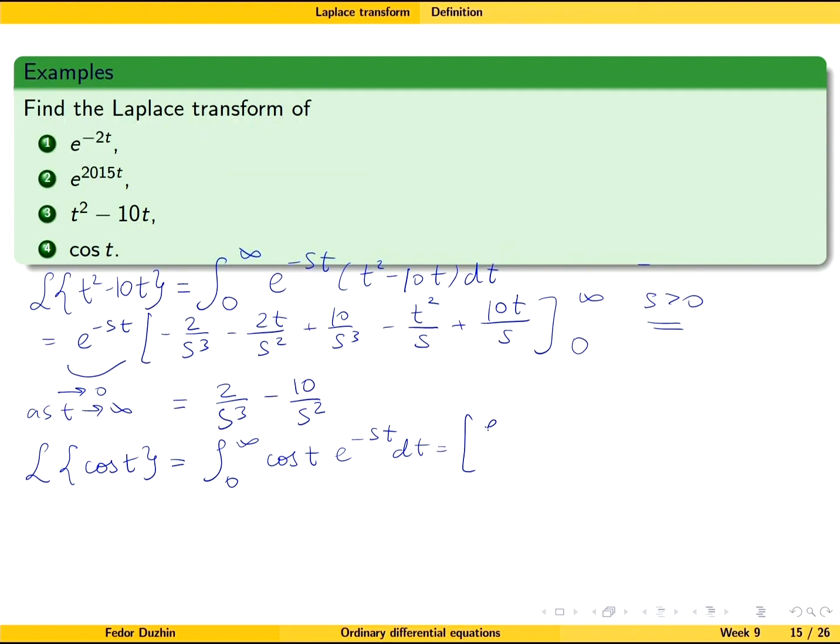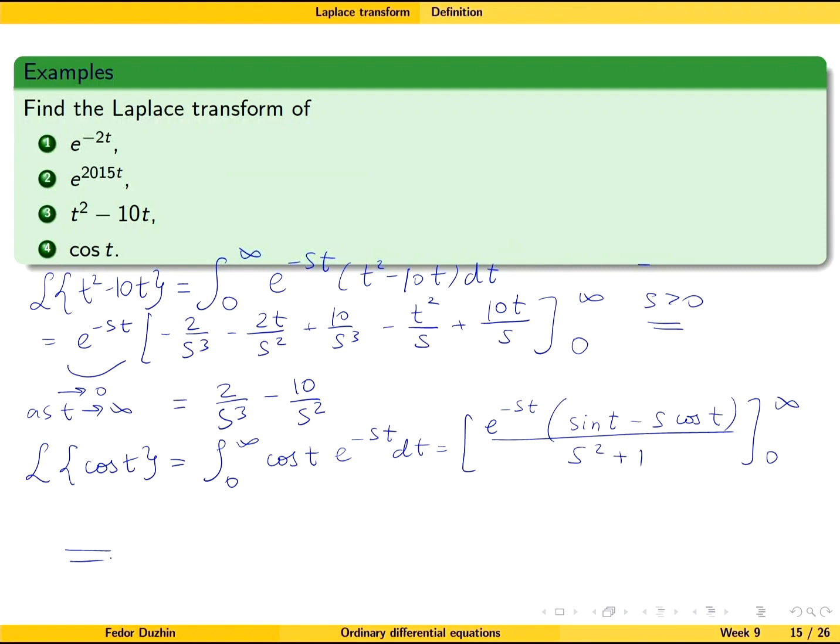The antiderivative is e to the minus st times sine t minus s cosine t over s squared plus 1. And we should take the change from 0 to infinity.